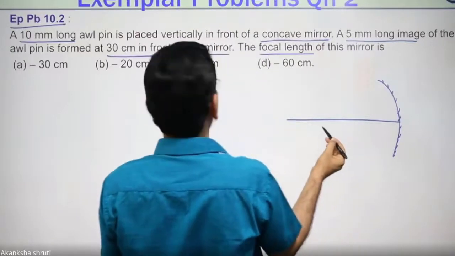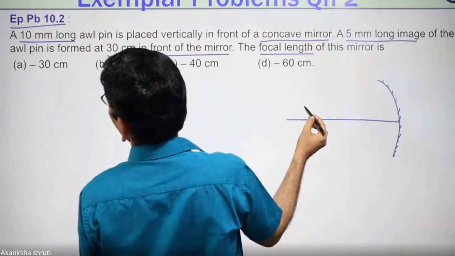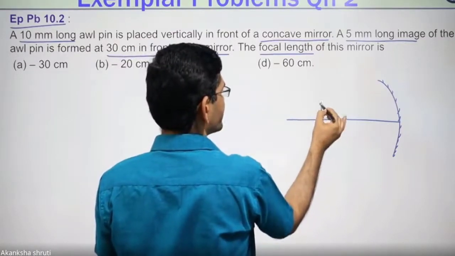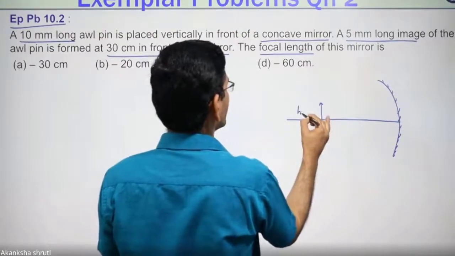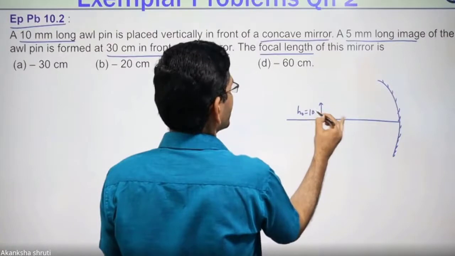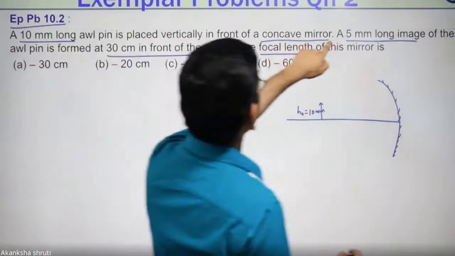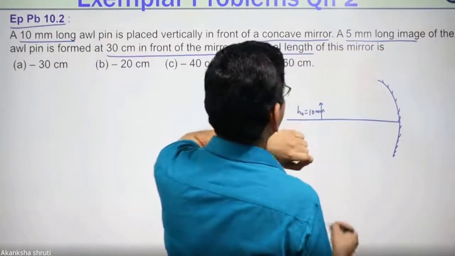Take this concave mirror. It is given that a pin is placed. The size of the pin is 10 mm. Place it somewhere. So height of object is 10 mm, placed vertically in front of the concave mirror. 5 mm long image.